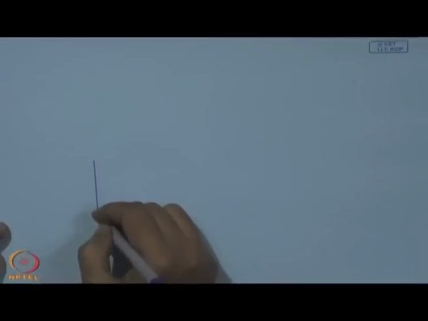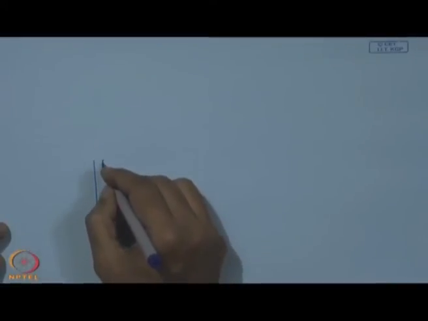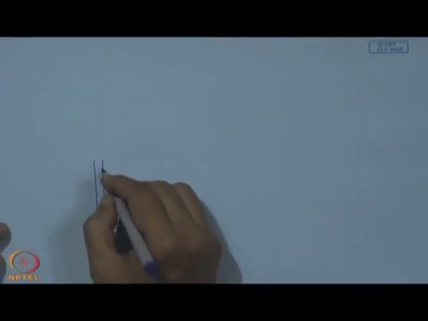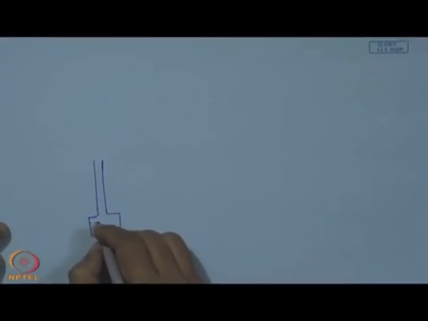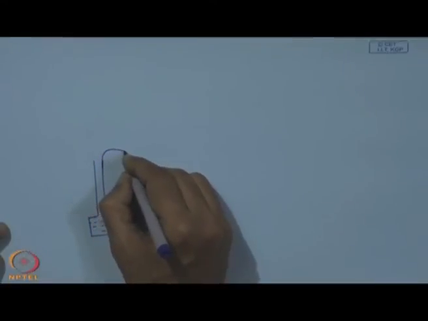So let us have a quick look at this pump, just looking at this line diagram. Here we have one chamber which is a reservoir of the oil. So this is a reservoir of the oil, and that is the extension of this oil reservoir. Then this tube is bent.